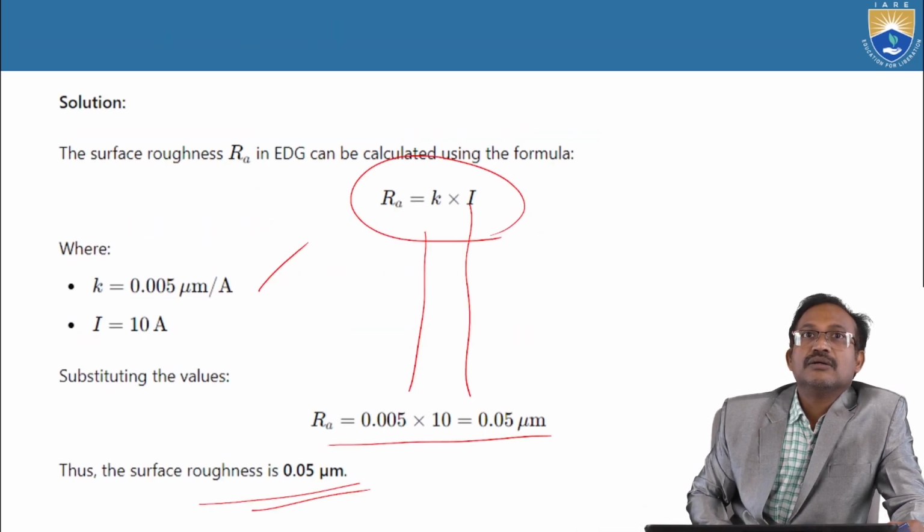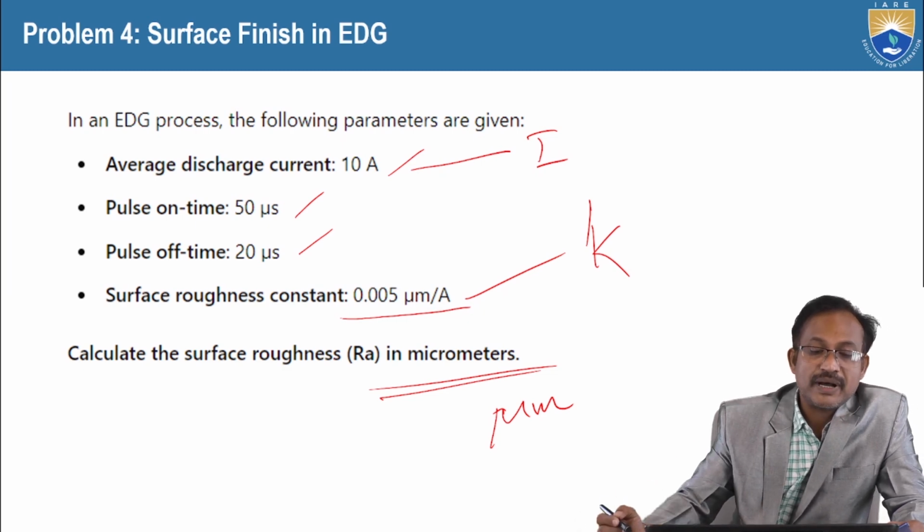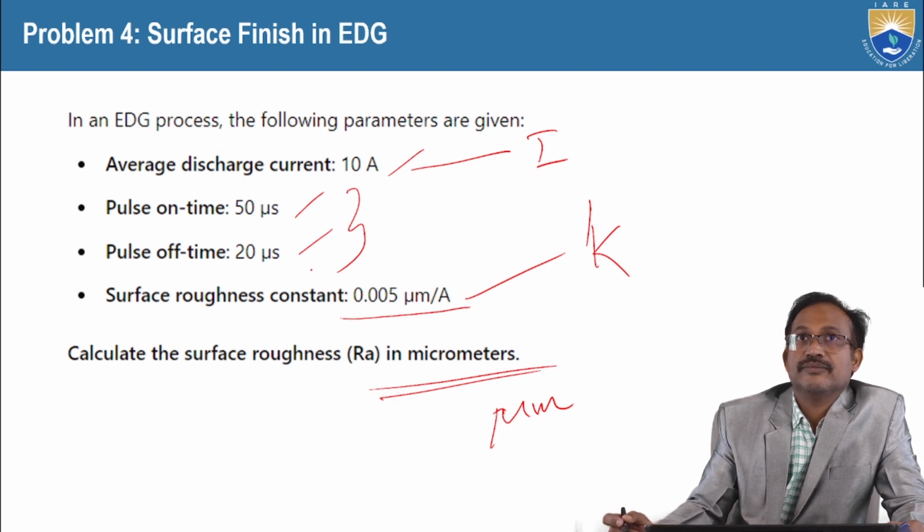Here we have pulse on time and pulse off time. Have we used this information anywhere? This is superfluous data for this problem, but some other extended question may be given where this data can be useful for assessing those parameters.